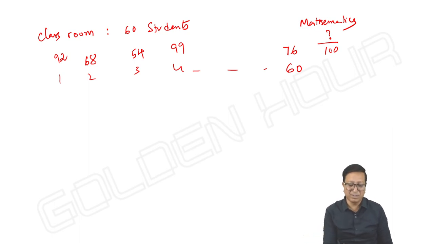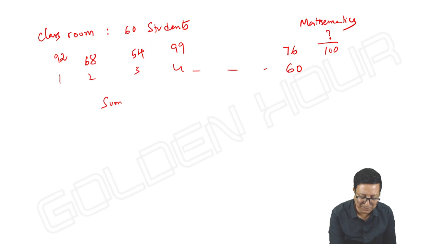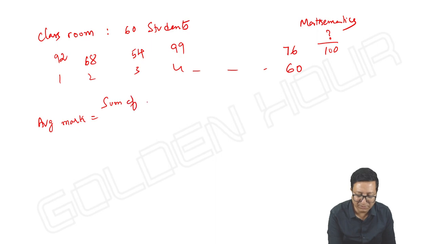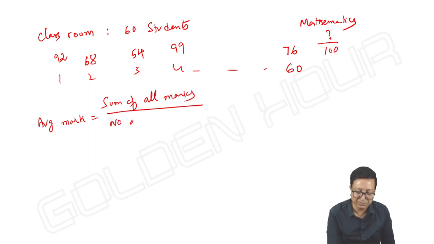Simply we add up all the marks, sum of the marks. Average mark is equal to sum of all marks by the number of students.